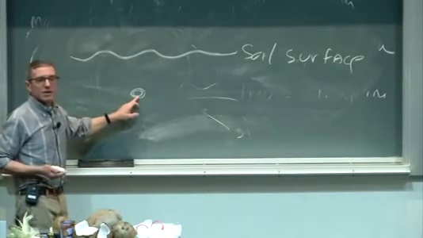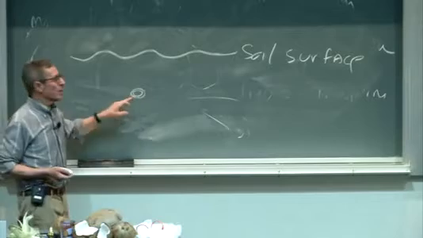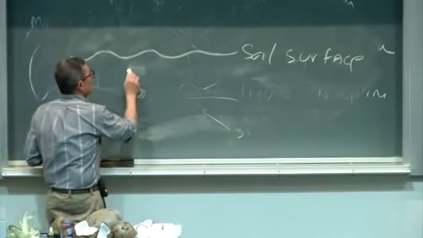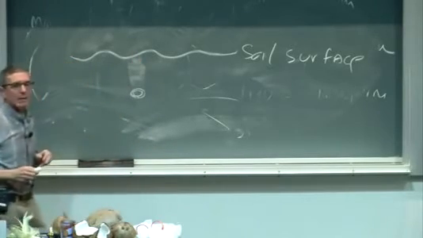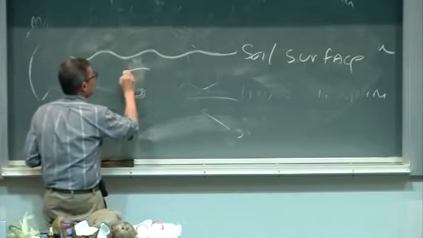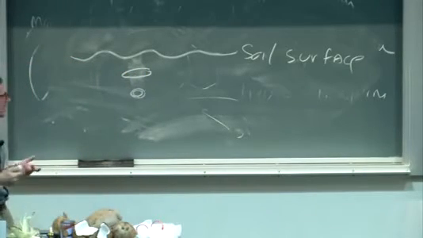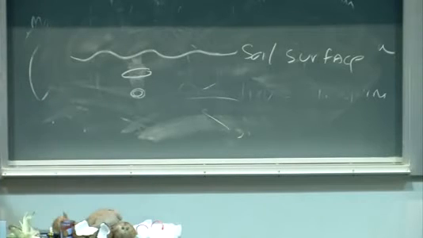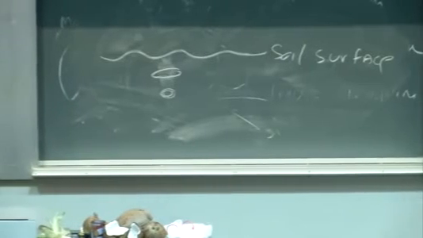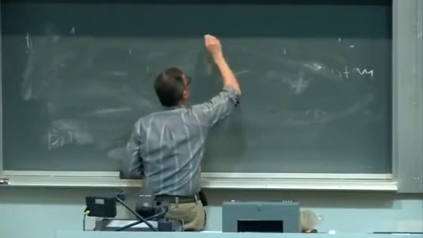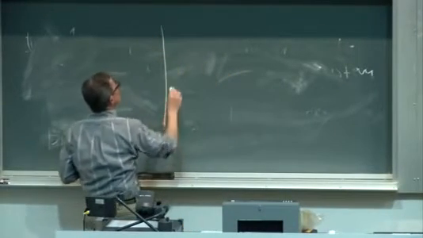Now you can imagine, if this seed is going to germinate in the soil, that it may not be a clear pathway up to the top. There could be, for example, a rock here, or the soil could be very hard. It could be clay-like. So let's go back to our seedling axis and spend a couple of minutes just looking at this axis and talking about the problems this axis is going to have in order for it to break the soil surface.